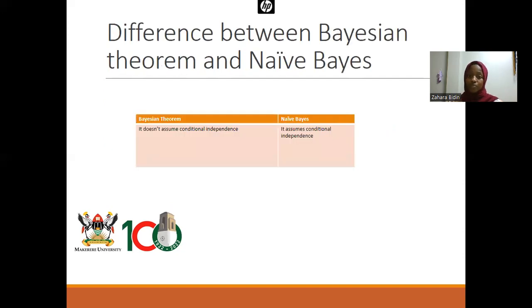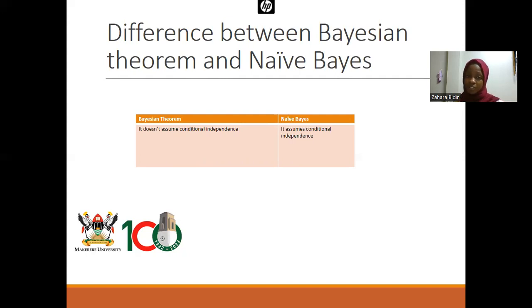The differences between Bayes' theorem and naive Bayes: these two are nearly equal, but there is a small difference between them. Naive Bayes assumes conditional independence. When we talk about conditional independence, every input that we put in is independent. It doesn't depend on any other, which is not the case with Bayes' theorem.